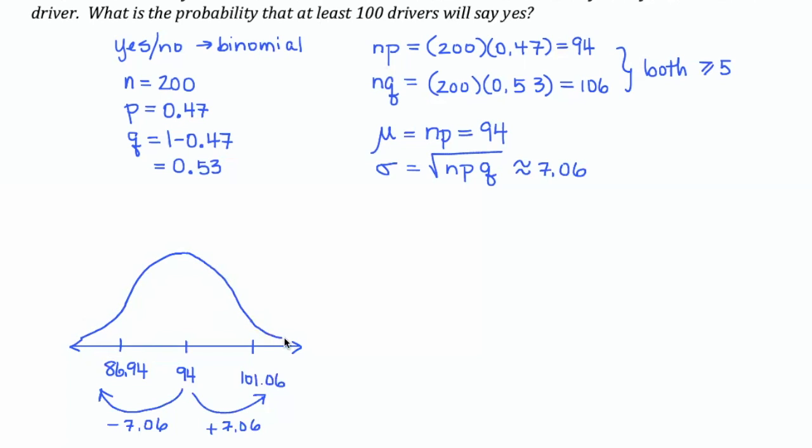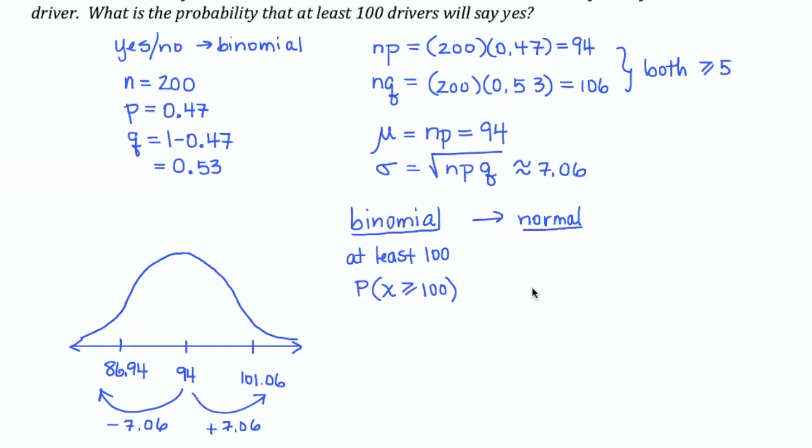So my curve will have a peak at 94, curve downwards to the first standard deviation, then up, curve down, and then up. My binomial probability that I'm looking for is the probability of at least 100 drivers saying yes. At least 100 is the probability that x is greater than or equal to 100. I need to convert that now to a normal distribution probability.